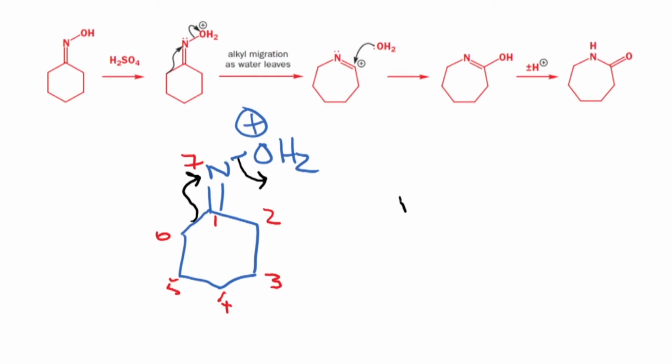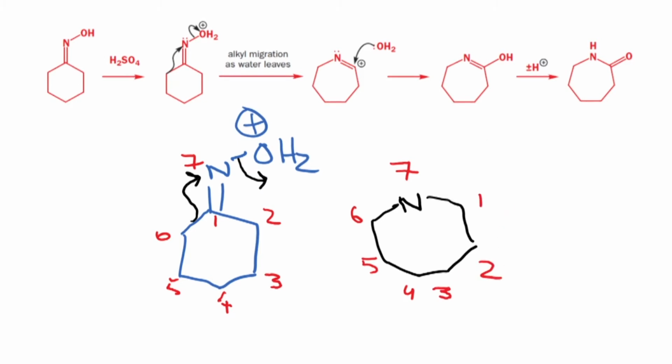So now I'm going to draw out this 7-membered ring. Let me just continue the numbering the way we have drawn it. So nitrogen is 7, and there's a new bond between carbon 6 and carbon 7, 5, 4, 3, 2, 1. And this bond between carbon 1 and nitrogen still remains. And the valency of carbon 1 is actually not satisfied, and you end up with a positive charge on this nitrogen as shown here.